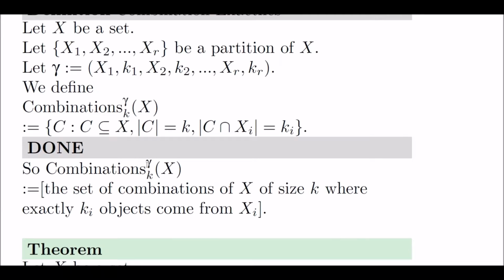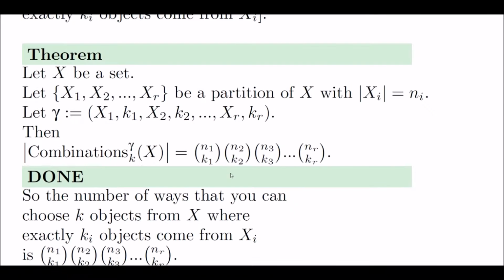So combination sub k of gamma of x. This is the set of the combinations of x of size k, where exactly ki objects come from xi. So here's how you count combinations like this. If you want the number of combinations sub k of x using this gamma, so you want ki objects to come from xi, you'll just multiply all these things.